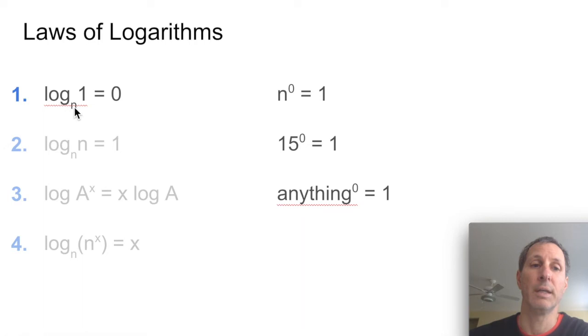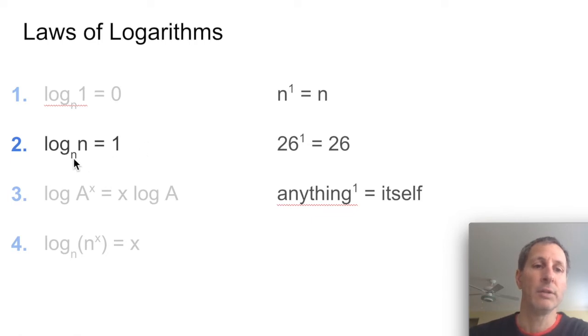We could rewrite that as log base 15 of 1 equals 0. Anything to the 0 power is equal to 1, so you could convert this to a logarithmic equation as well. This is similar to the 0 power rule of exponents. So that's the first law of logarithms: log base anything of 1 is always going to be 0.